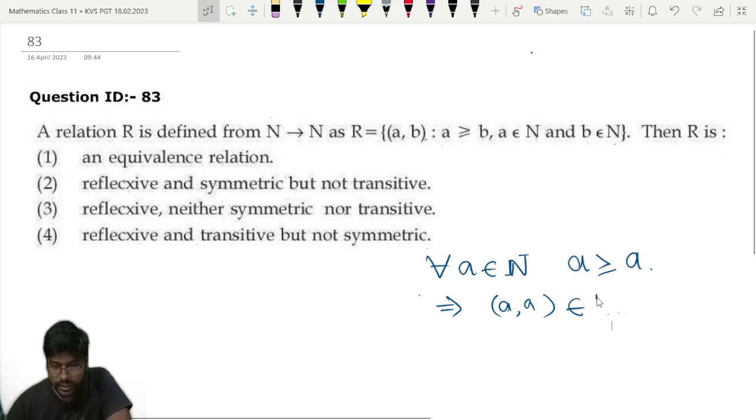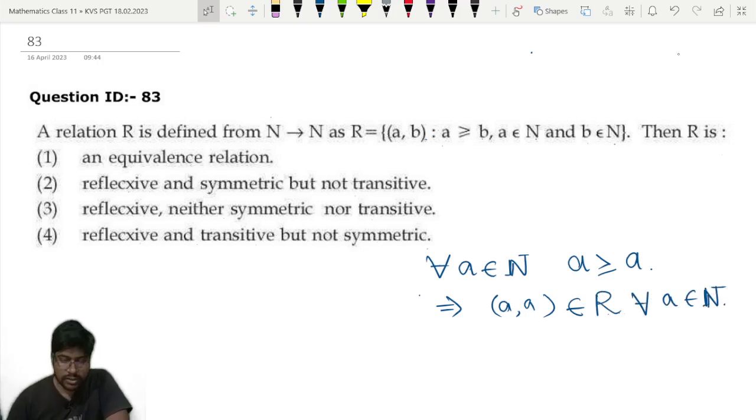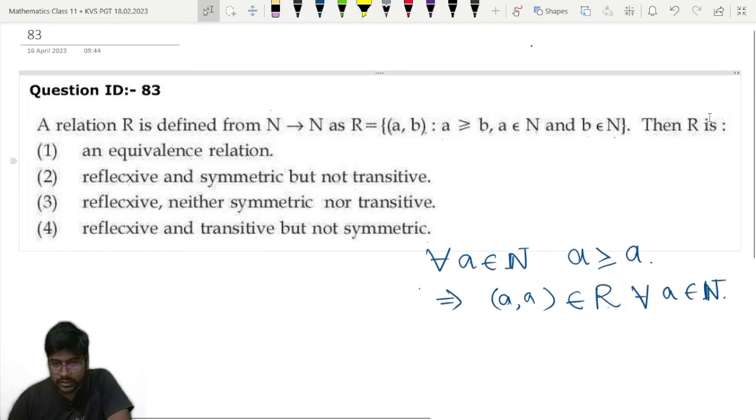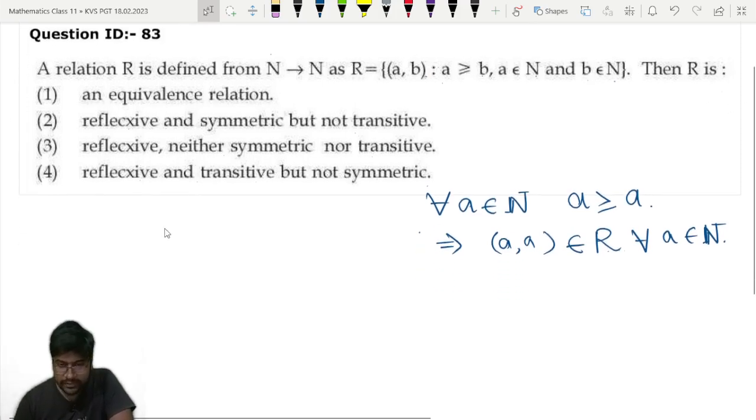So (a, a) belongs to R for all a belongs to N, the set of all natural numbers. Therefore the given relation is reflexive.